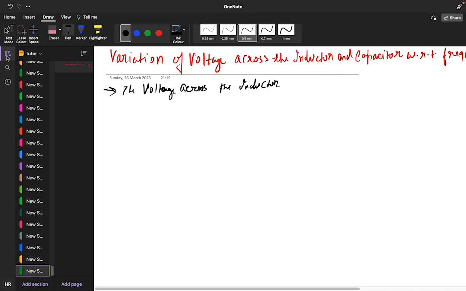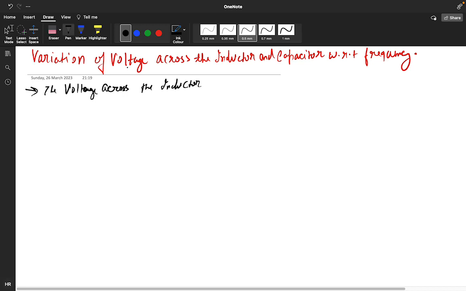Now what I'm asking is: variations of voltage across the inductor and capacitor with respect to frequency. So what will happen to the voltage across the inductor and capacitor? The voltage across the inductor and capacitor will be the same at resonant frequency, at omega naught.